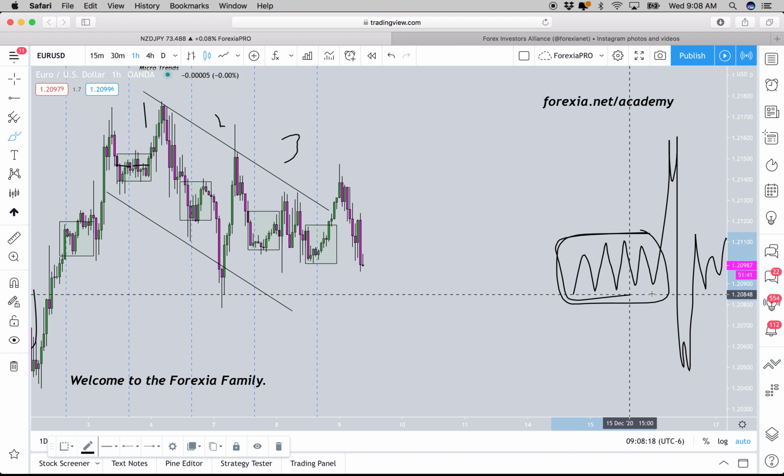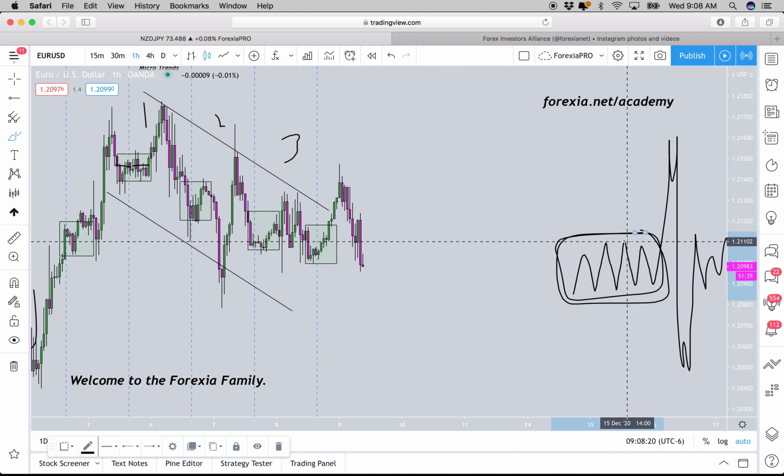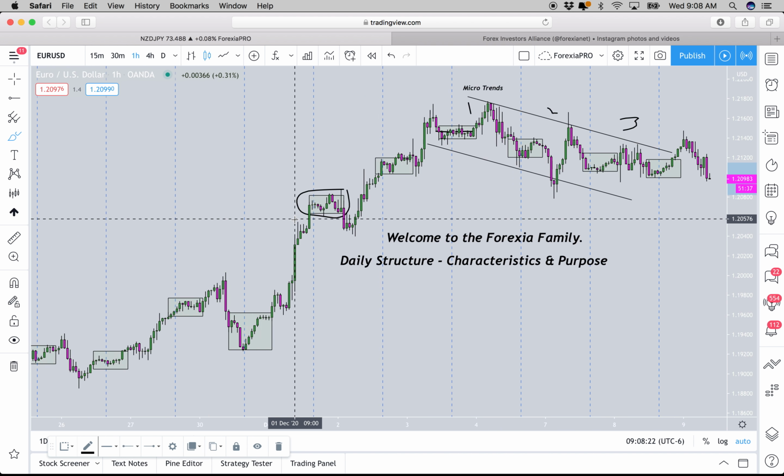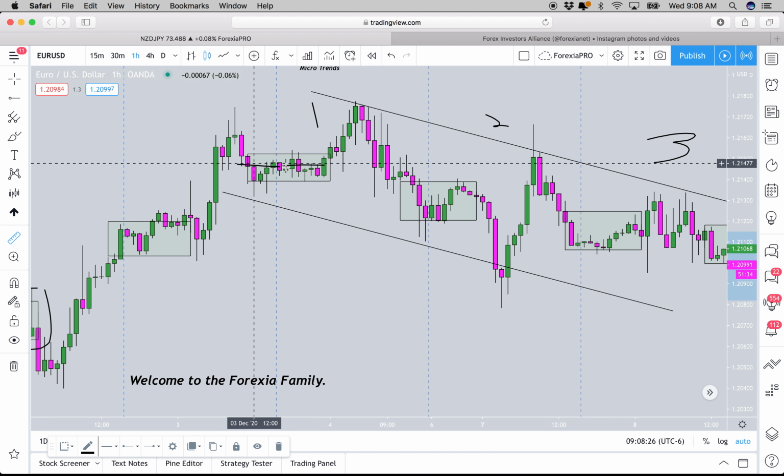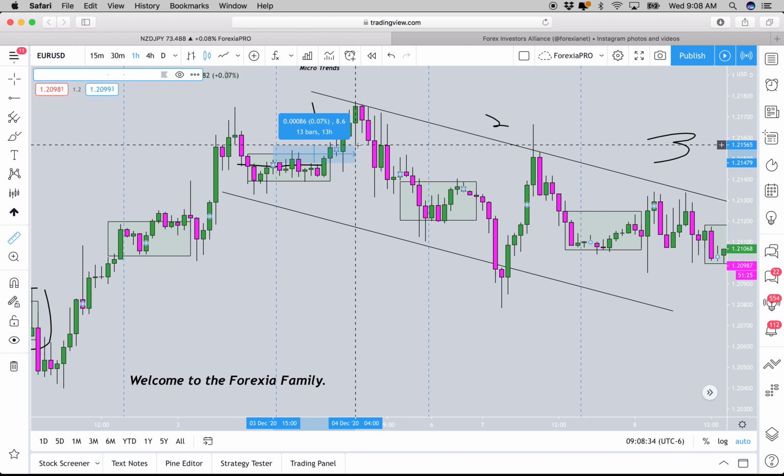So coming into London session, Asian session set a trap, a consolidation. What happens next? After this Asian session consolidation, there's always going to be a breakout come London session. When is London session?